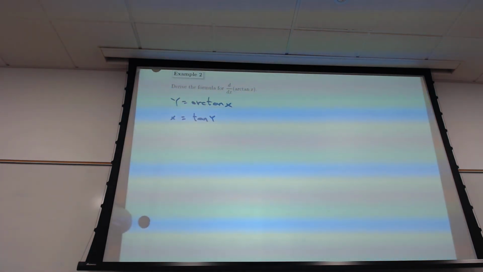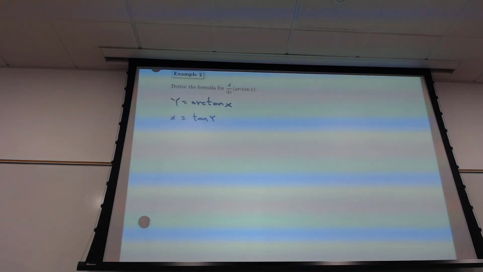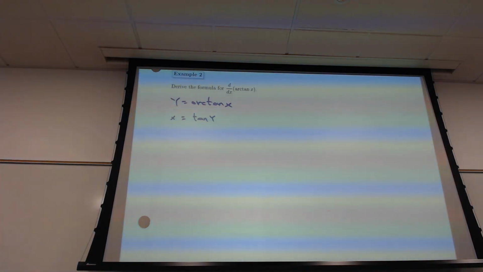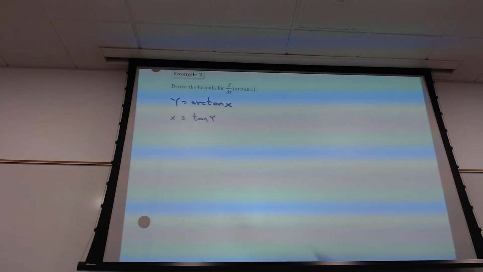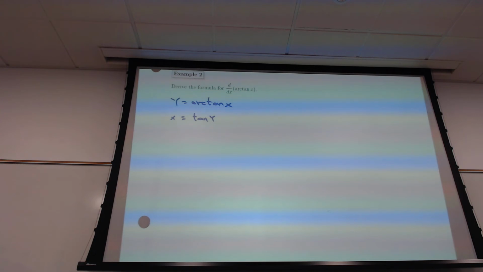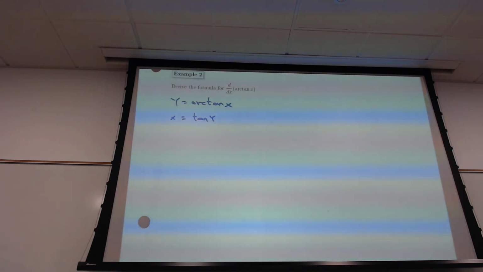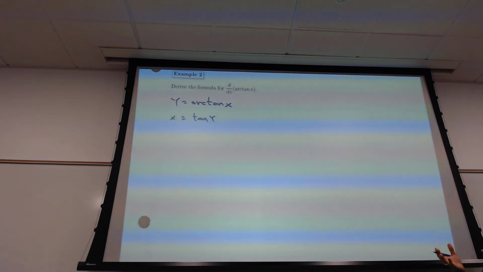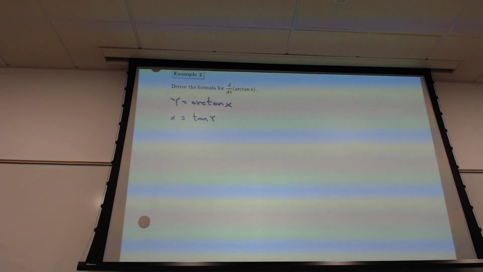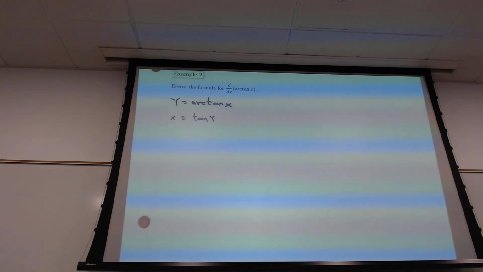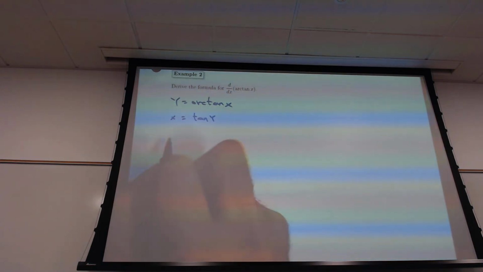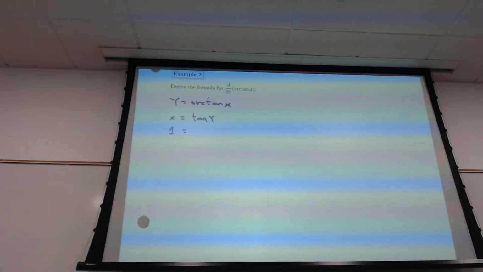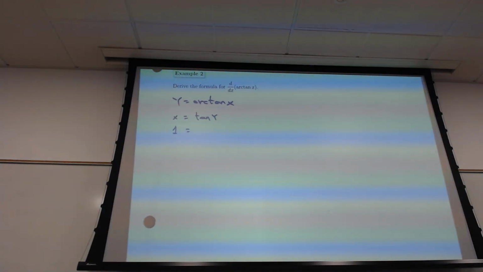And we're going to take the derivative of this function. However, we're going to differentiate this implicitly, because in this case we don't have an explicit function of y. We have an explicit function of x, but it is y that depends on x. So that's why we use implicit differentiation. What's the derivative of x? 1. All right. What's the derivative of tangent y?